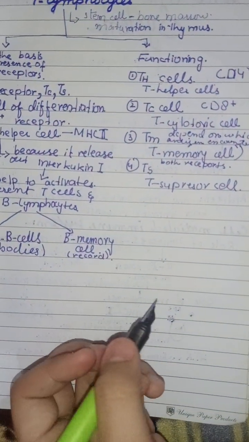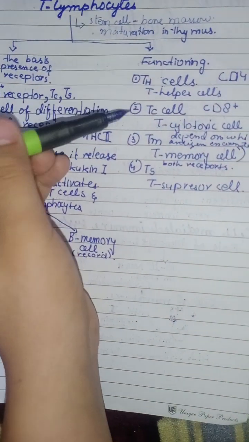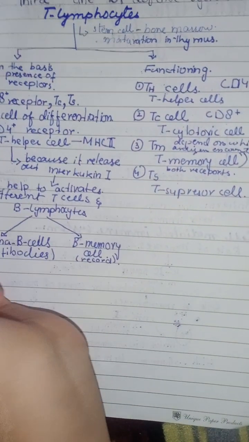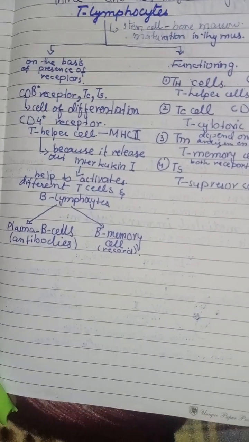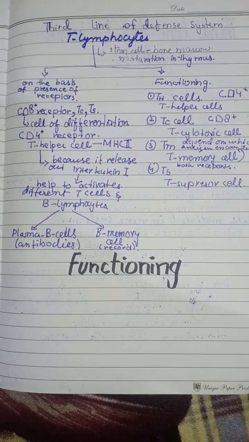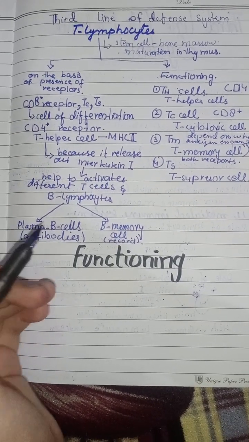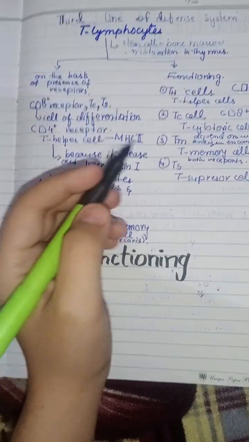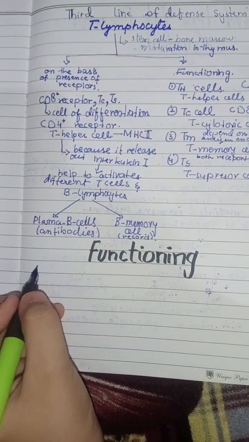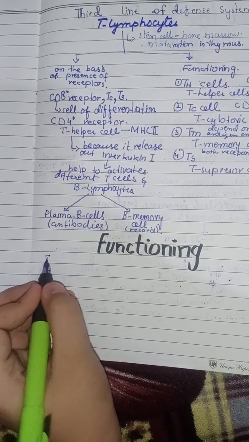Okay, now we will discuss the functioning of these all four cells. So let me write here functioning. First one we have T helper cells.